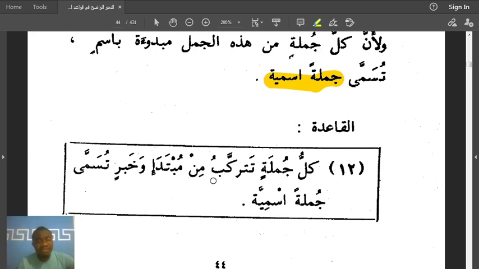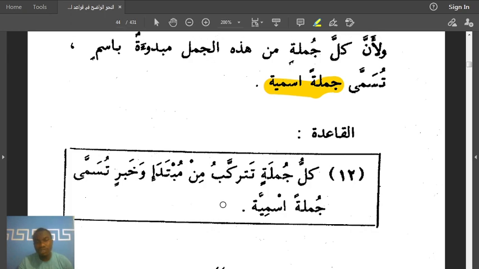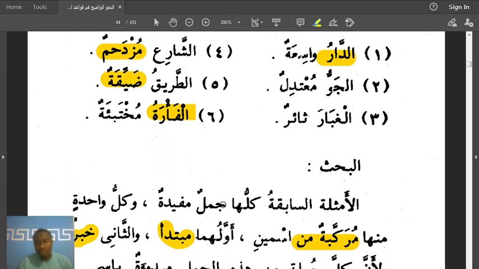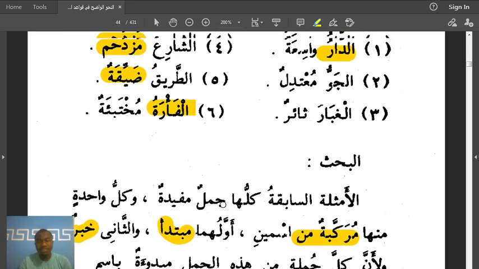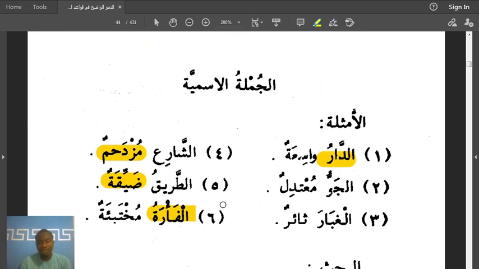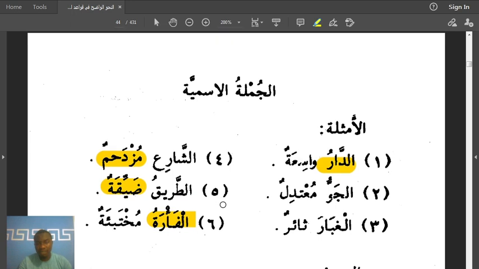Any sentence that is composed of a subject and a predicate is called a jumla ismiya. Basically you just need to know this. Any sentence made up of a mubtada and khabar, or any sentence that starts with a noun, is called a jumla ismiya. That is what we are required to know.